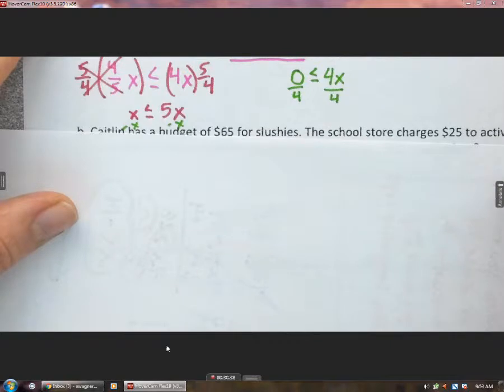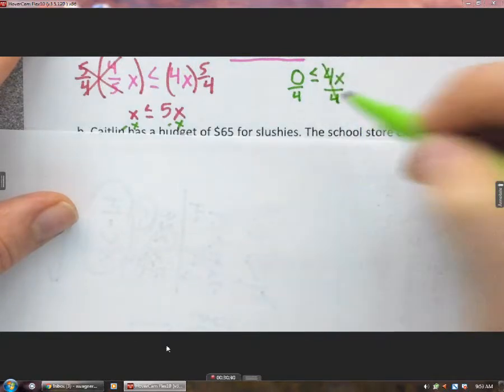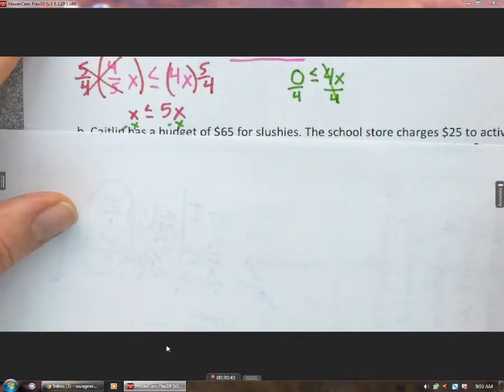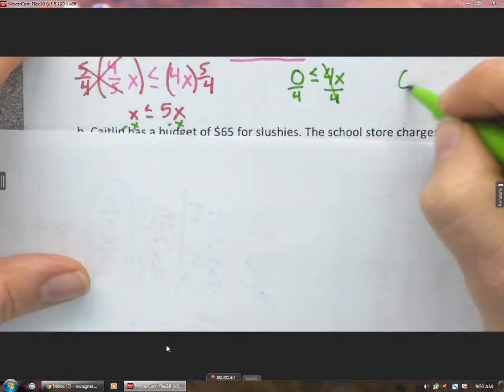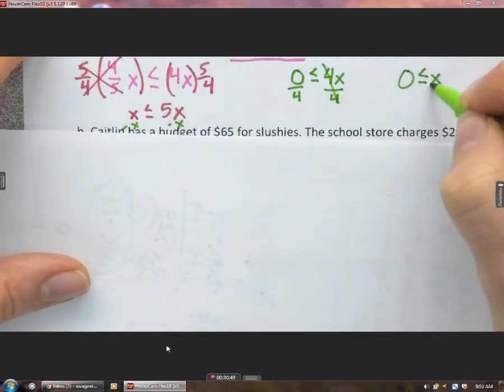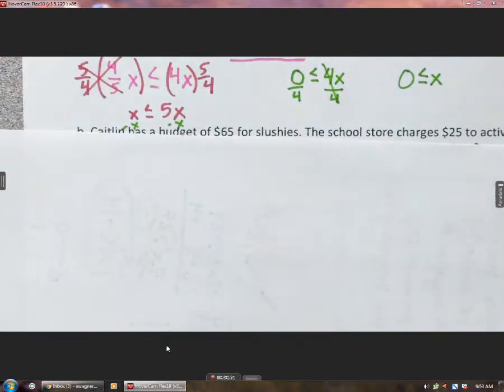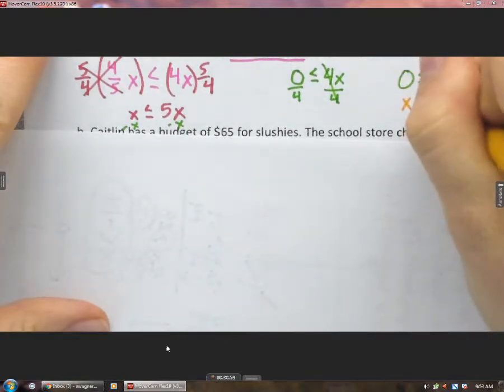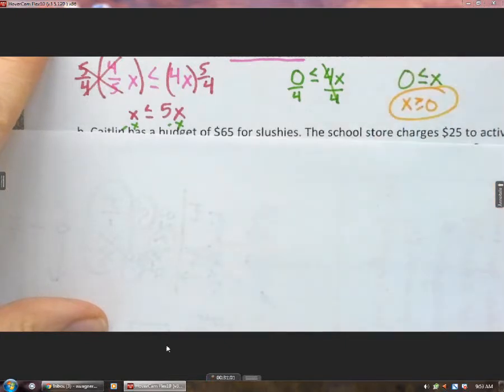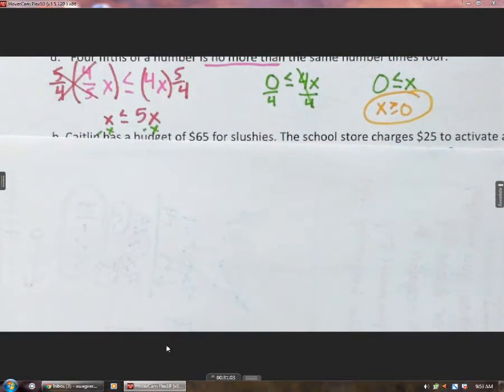Type it in. 0 divided by 4 is 0. It's not 4 divided by 0. 0 is less than or equal to x, but that's not how I want to leave it. I want my variable on the left, so what should I do? Yep. Whew, that was a fun one.